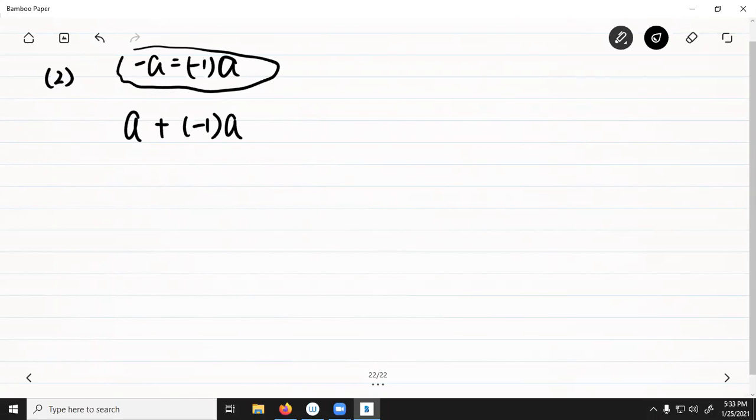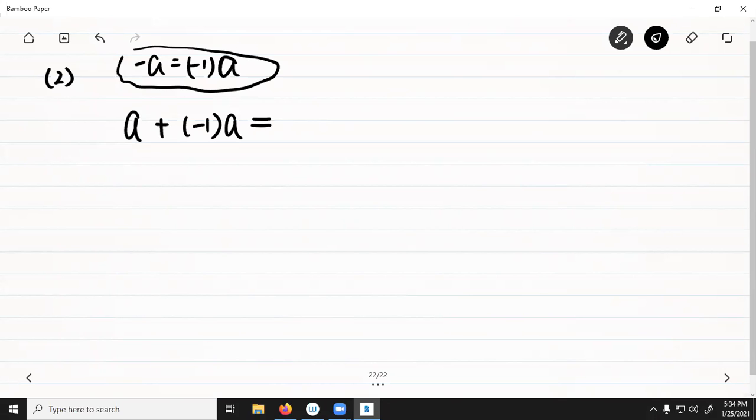If we can show that this equals 0, that means negative 1 times A is the additive inverse of A. And we also know negative A is already the additive inverse of A, by the definition, by the notation we have.